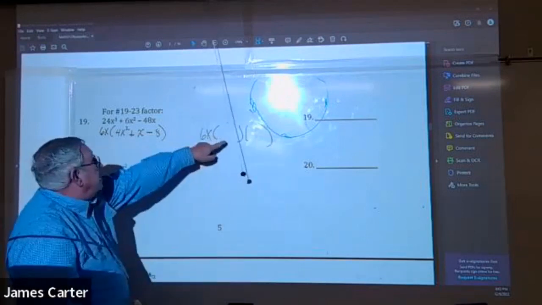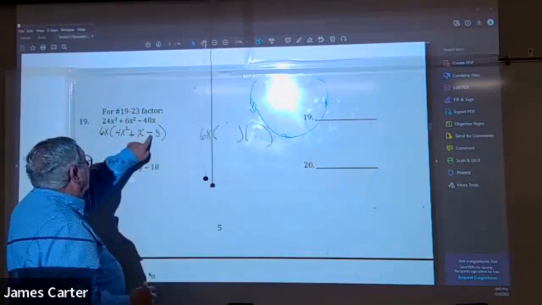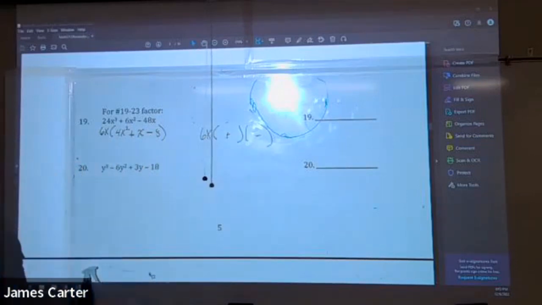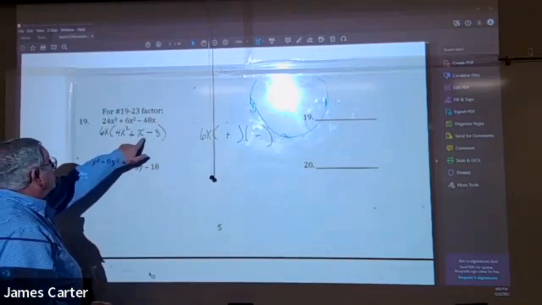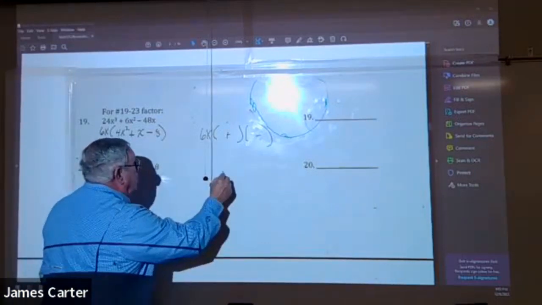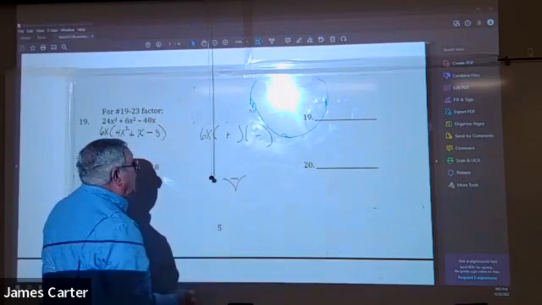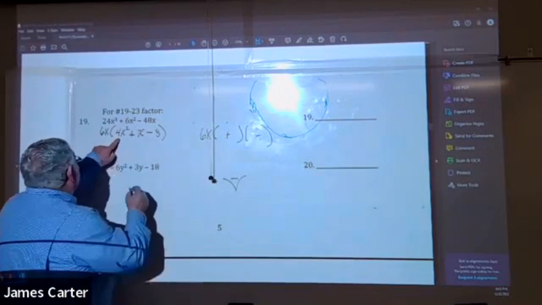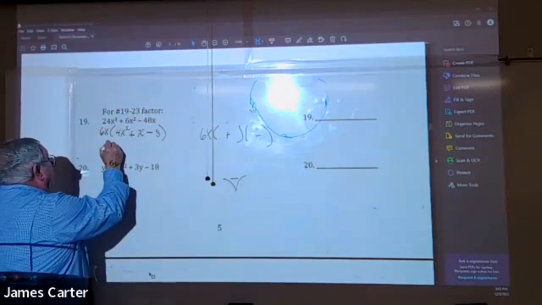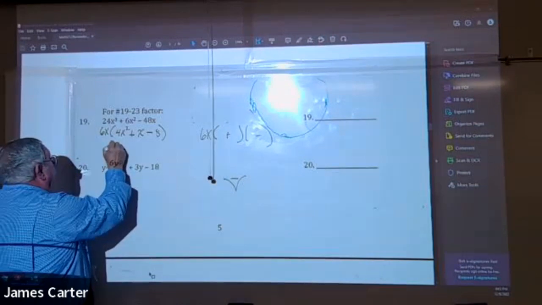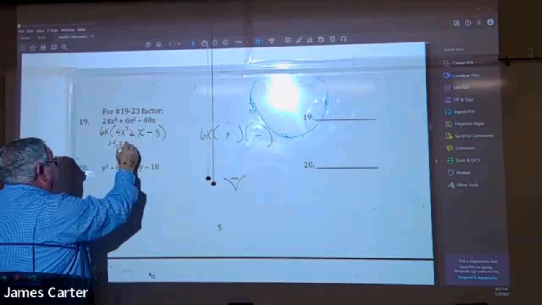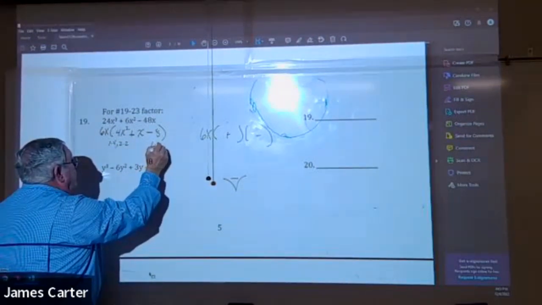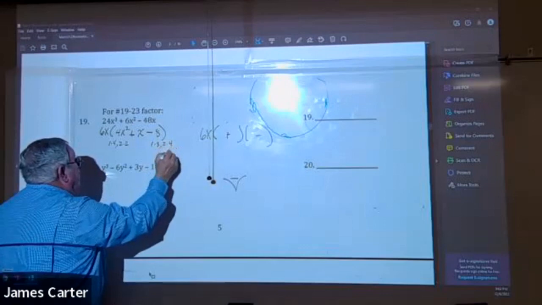What do I know about my signs here? One of them's going to be positive, one of them's going to be negative, isn't it? Okay. So when I try to factor this thing down here, I'm going to have to do a subtraction. Well, what are the factors of this? 1 times 4, 2 times 2. What are the factors of 8? 1 times 8, 2 times 4.